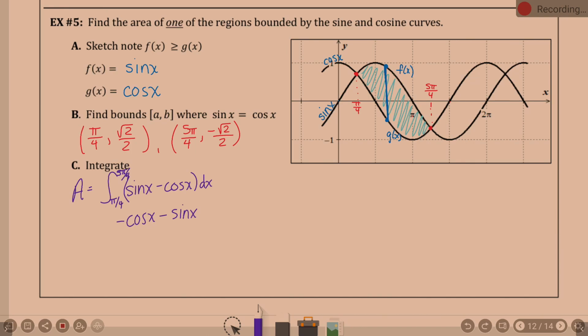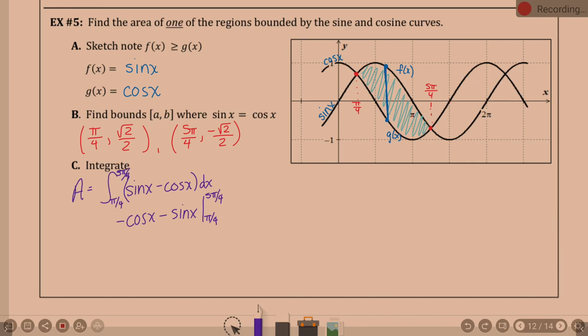I was still struggling to make sure I had the sign correct on the first one. Okay, evaluated from pi over 4 to 5 pi over 4. Okay, I'm going to write it out and then we can fill it in.